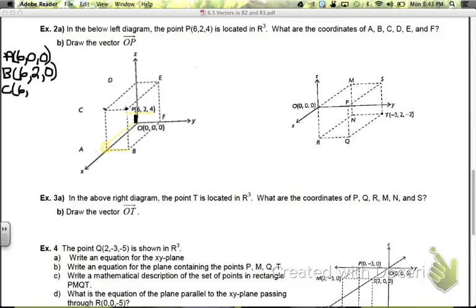Then from A, I can move straight up to bring me to C. So I don't need to move at all on my y-axis, I just need to move vertically on my z-axis. So we have 6, 0, 4, because again, our 4 comes from our point P, which is 6, 2, 4.